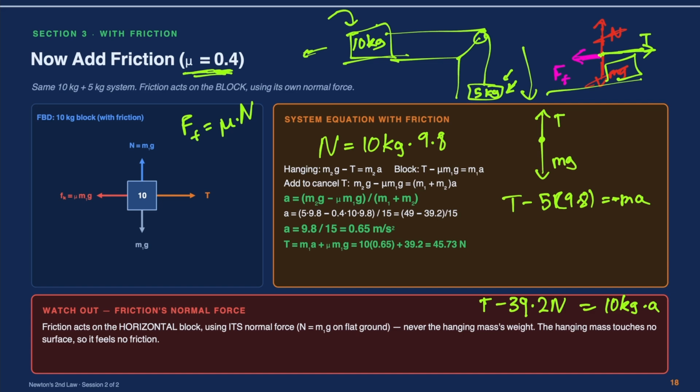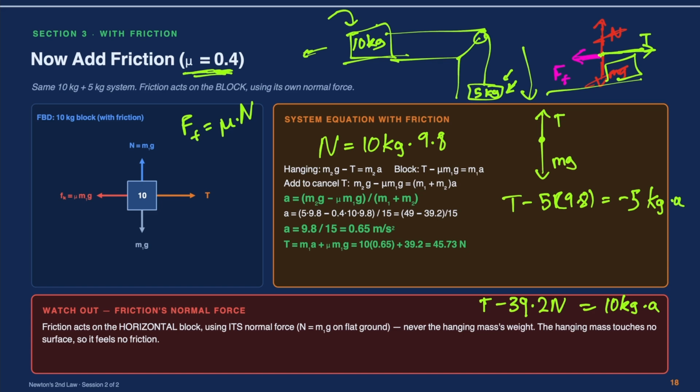Okay? Tension minus 5 times 9.8 is equal to negative MA, yeah. And for M, I can just replace that with negative 5 kg times acceleration. Alright?